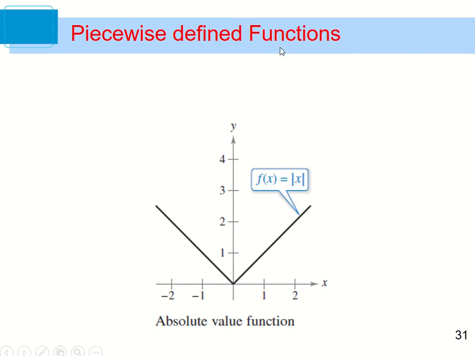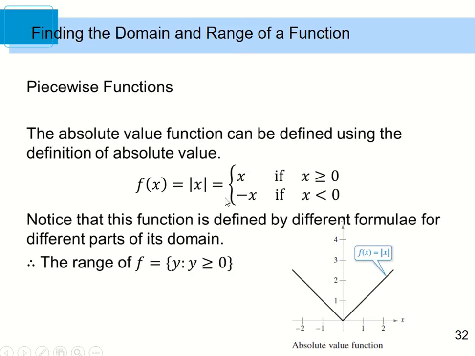Next, we have the piecewise defined function. A piecewise defined function means we define the function according to the portion of x. For example, for this function, the absolute value of x.